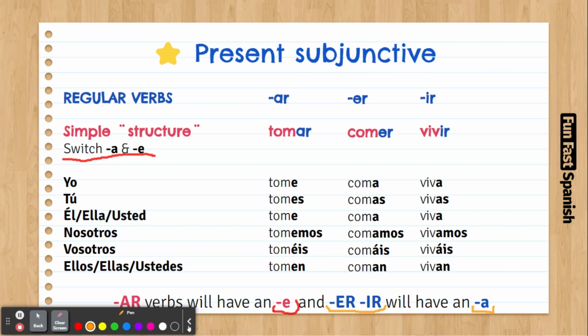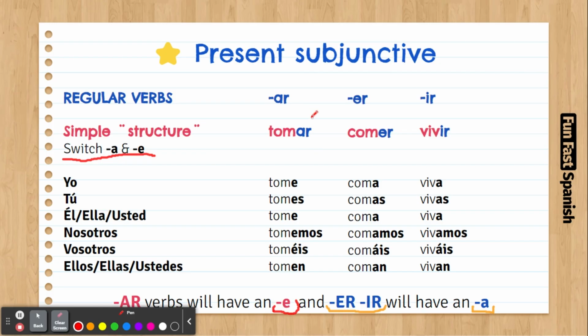Because the normal thing is, you have AR, so you carry on with an A. If you have ER and IR, you carry on with an E. But what we do here is a switch. So for AR, we're going to put an E, and for ER and IR, we're going to put an A. Let's have a look at these three verbs we have here.